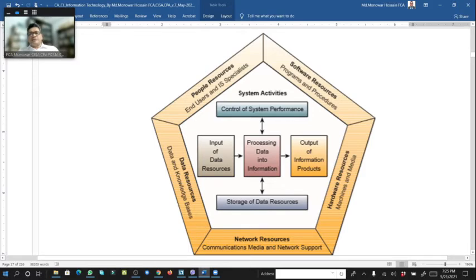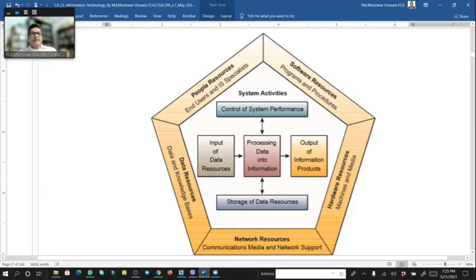Software resources are programs and procedures. Hardware resources are machines and media. Network resources are communication media and network support.